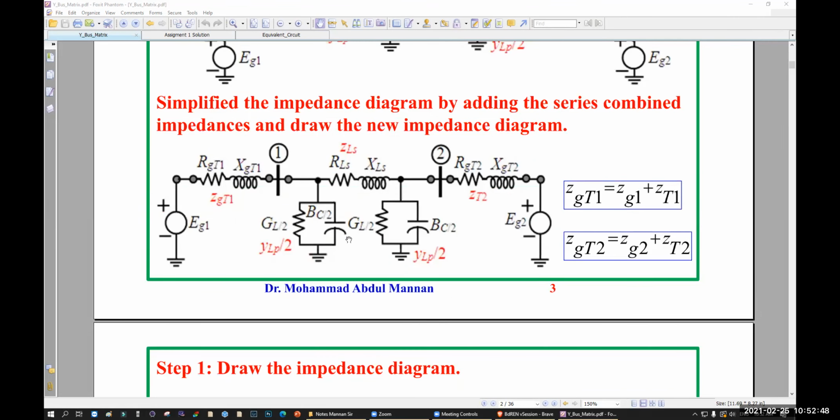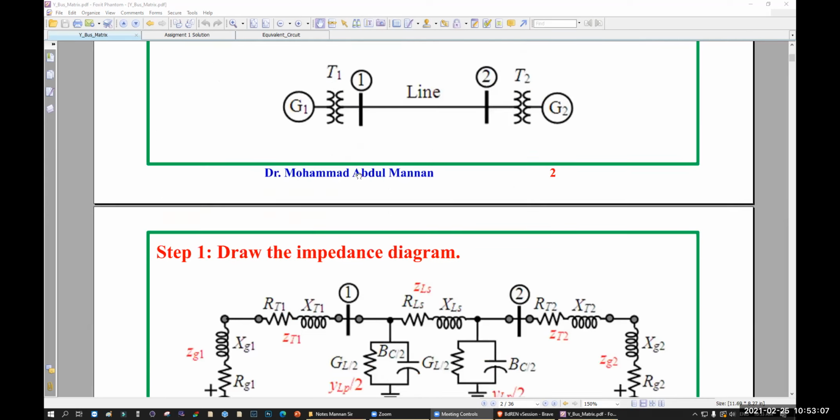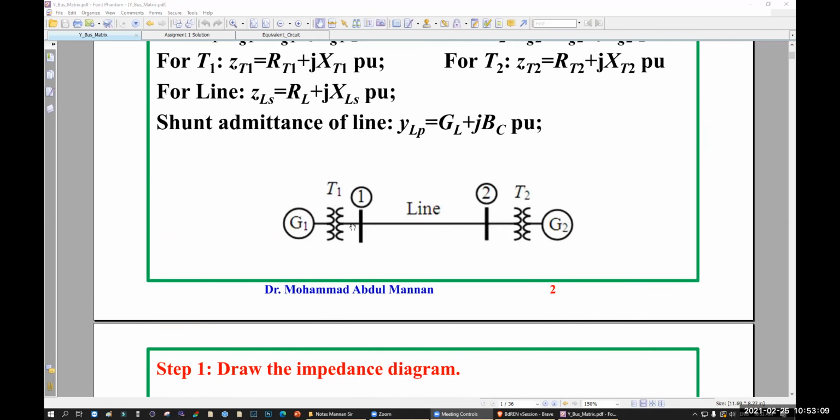Now simplify the impedance diagram by adding the series combined impedance and draw the new impedance diagram. See this one here. This one is combined. Combined by how? You have two buses, right? One is after the transformer, another one is before the transformer.